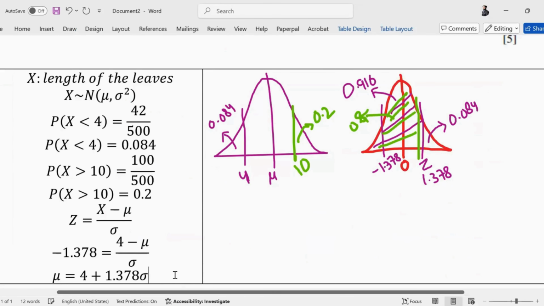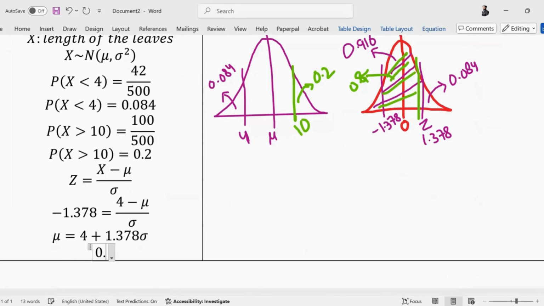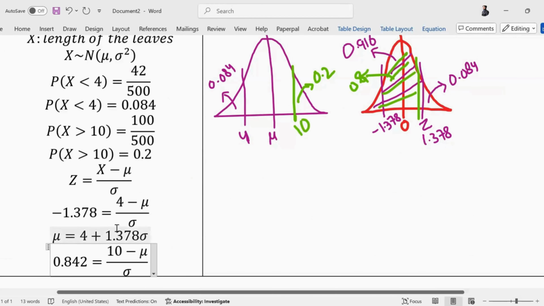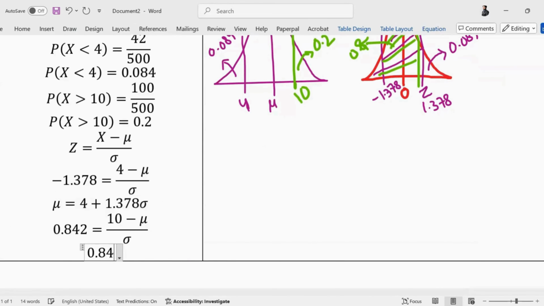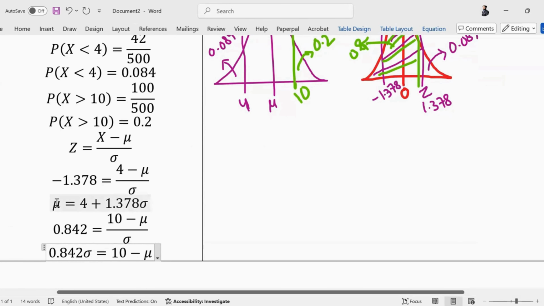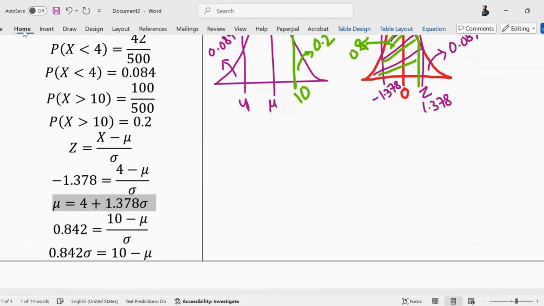So 10 की corresponding Z value is 0.842. So using the same thing again. 0.842 when my X is 10 minus mu upon sigma. You can solve these two equations simultaneously and tell me the value. 0.842 sigma is 10 minus mu. Solve the two equations simultaneously and tell me the value of mu and sigma.